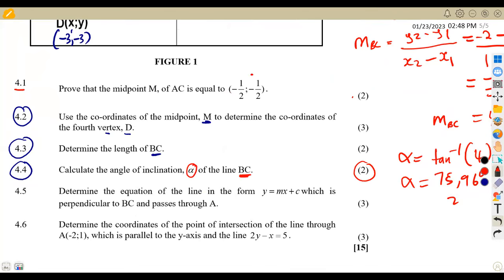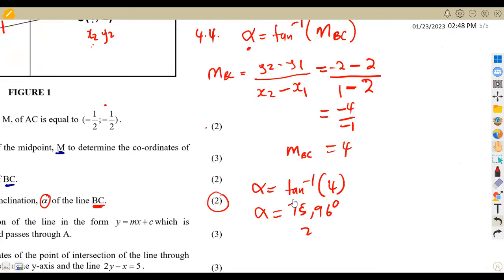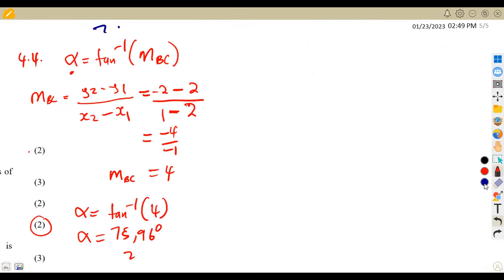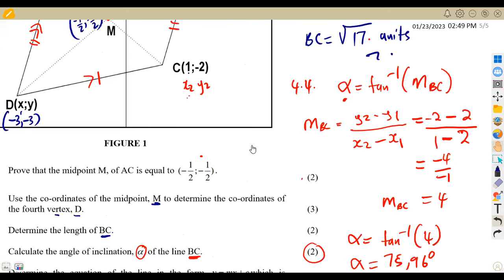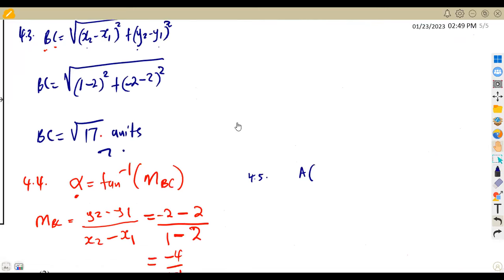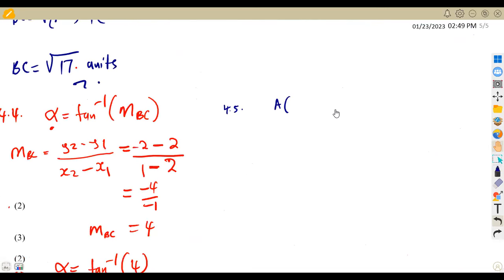Let's start with the concept that it's perpendicular to BC. We are given that it passes through point A, and we can check on our diagram: A is -2, 1.